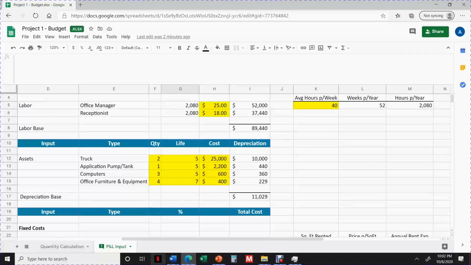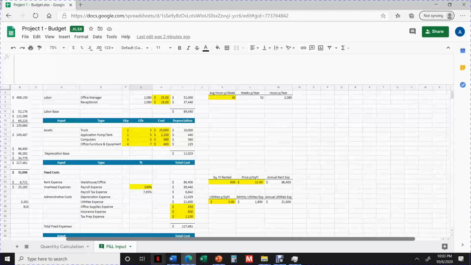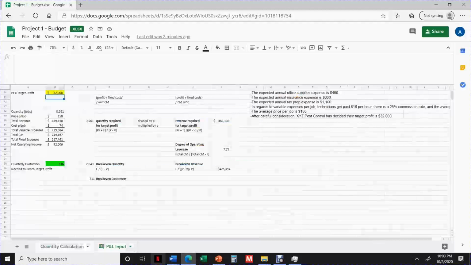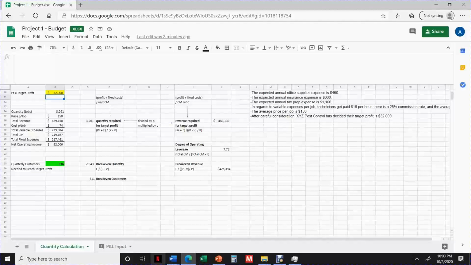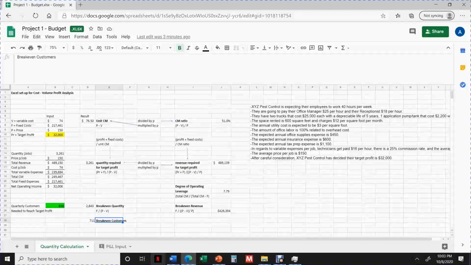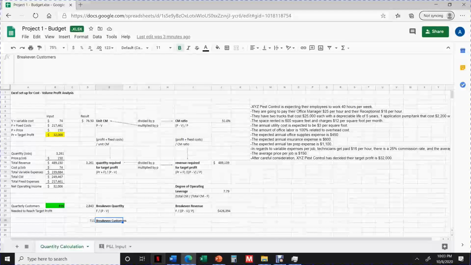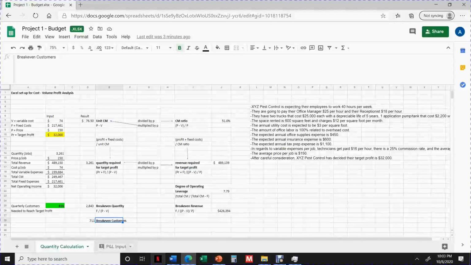Before we zoom out, scroll back over. Trying to figure out a way what we should be changing. Okay, for example, you see our unit CM is still 76.